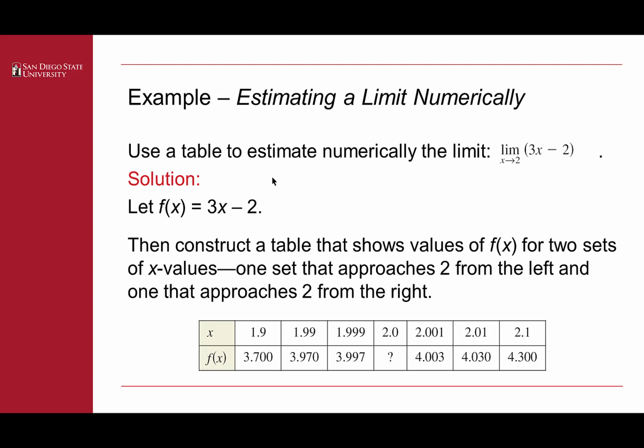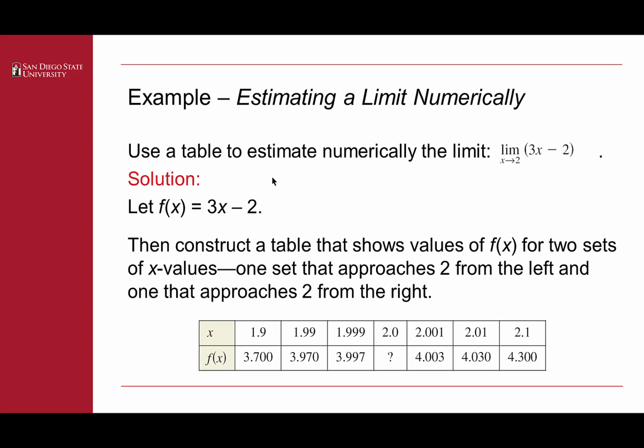So if we assume x is 1.9, then f of x would be 3.7. If x is 1.99, which is much closer to 2 than the previous one, the result would be 3.97. And for 1.999, the result would be 3.997.